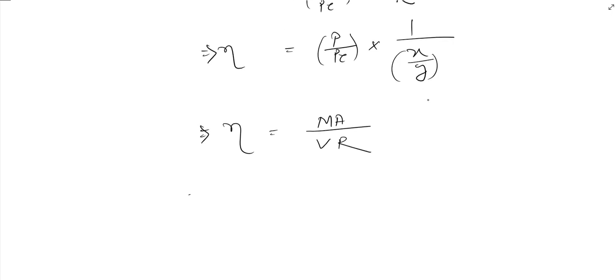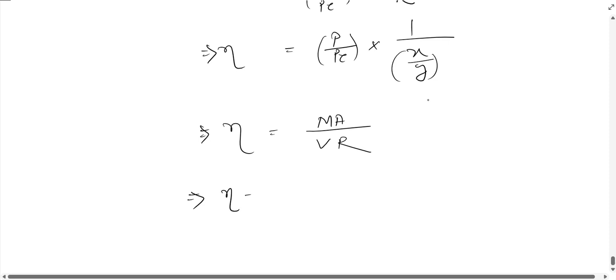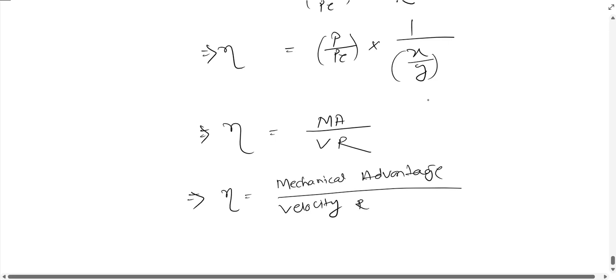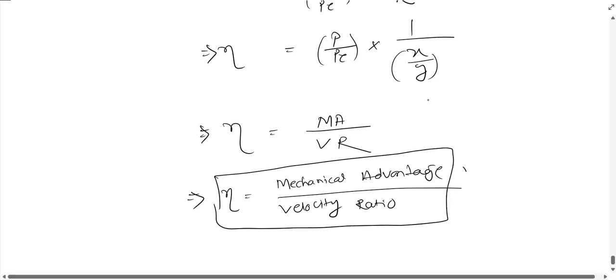So the relation between mechanical advantage, velocity ratio, and efficiency of a lifting machine is this: efficiency is mechanical advantage by velocity ratio. So this much is only needed to solve the question.